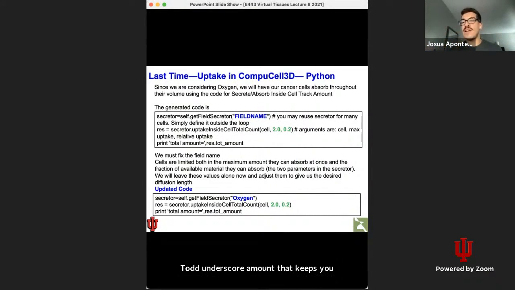So if in one step the cell took 2, then this res.tod_amount is 2, whereas res is really an object. It's not the number that you care about.